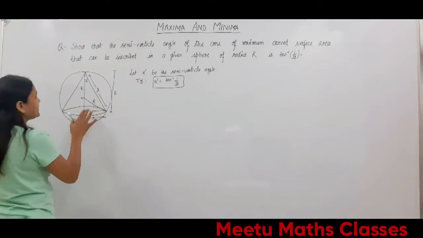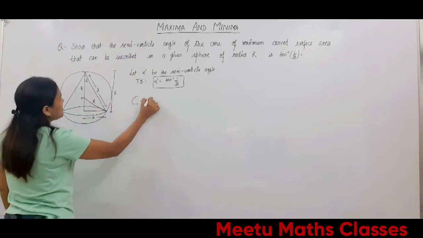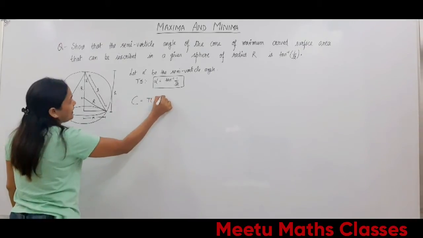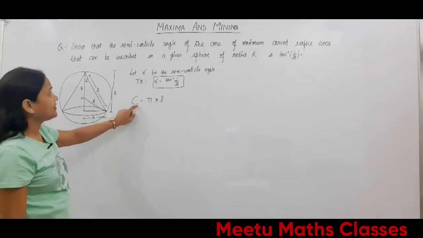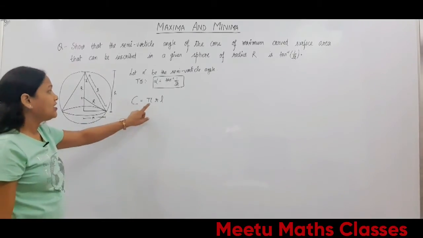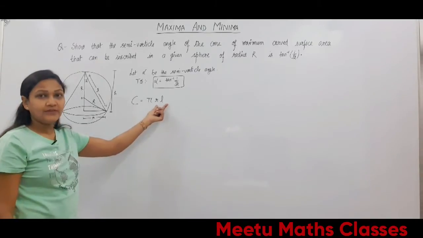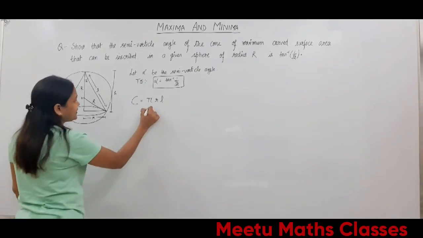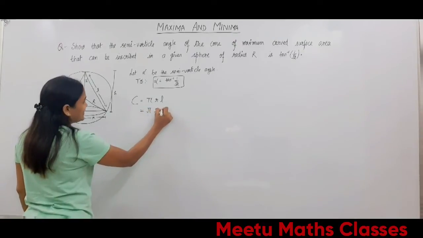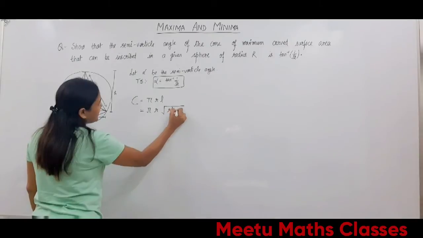So the curved surface area of the cone is pi r l. Now to make it maximum, you have to first make it in one variable, but here two variables are there, so we can write l as root of r square plus h square.